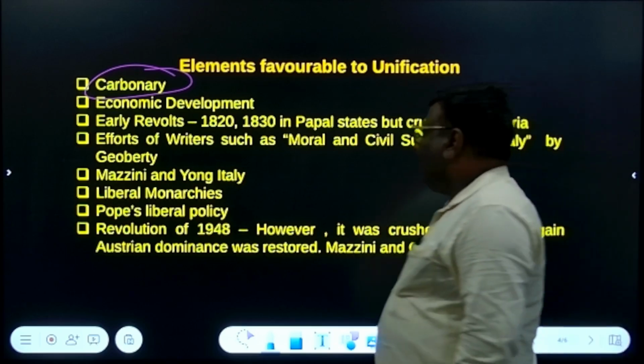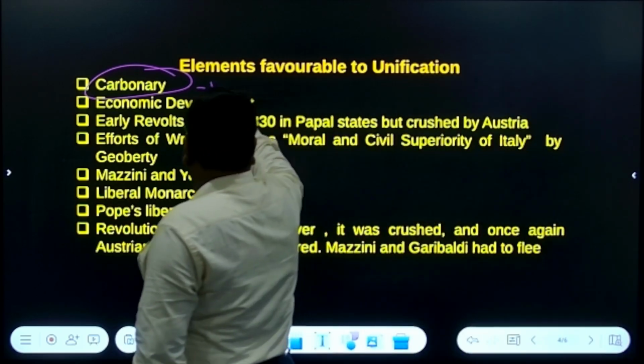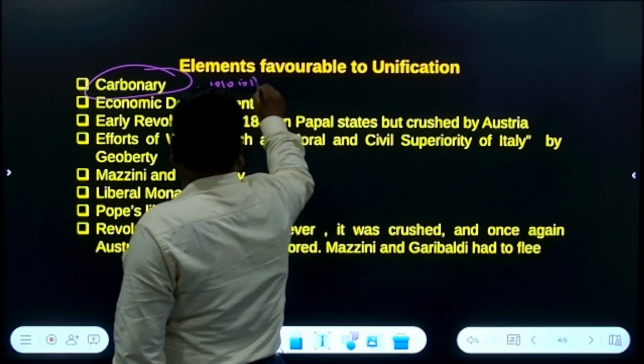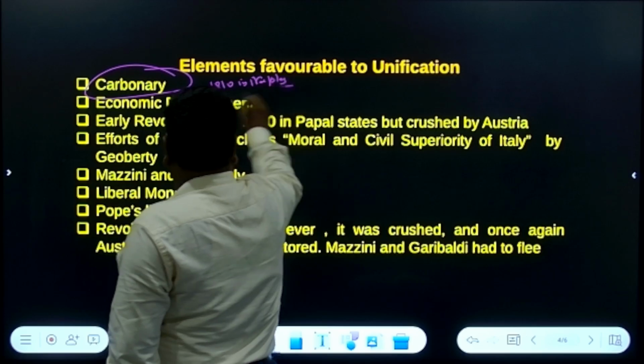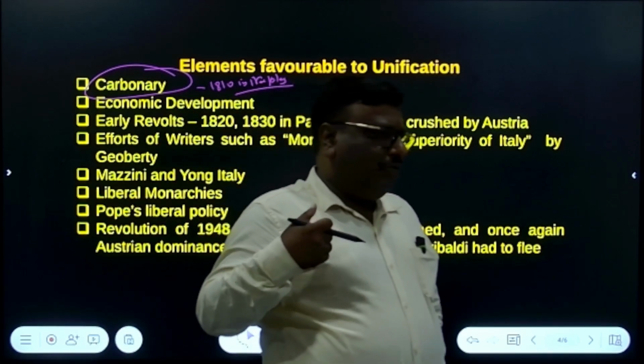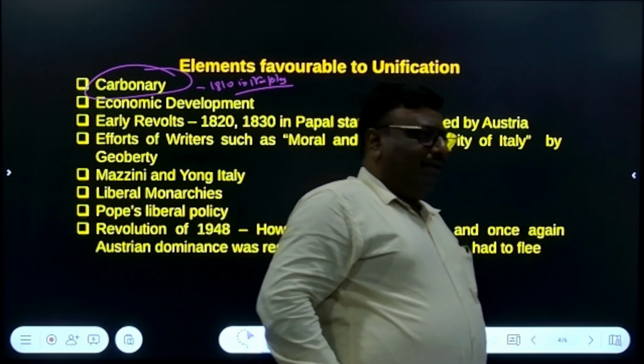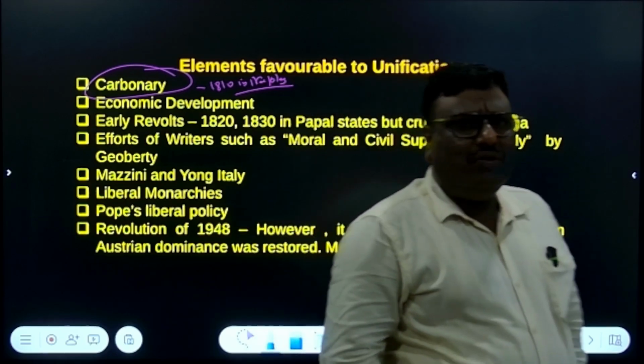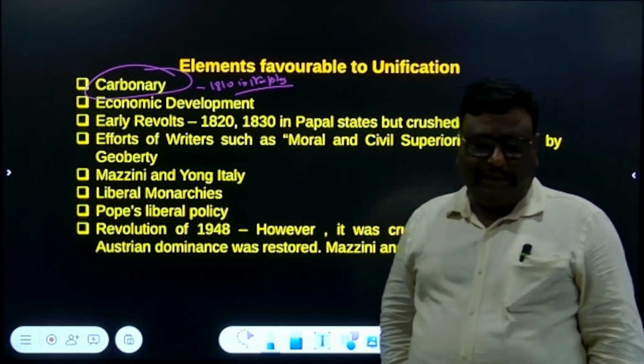This secret society was formed in 1810 in Naples, and its activity was to kill the foreigners who controlled Italy.